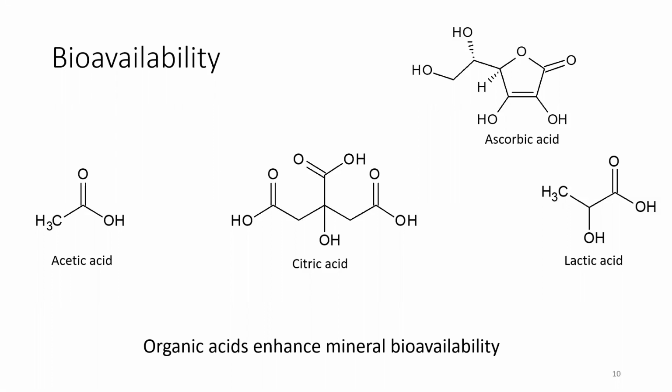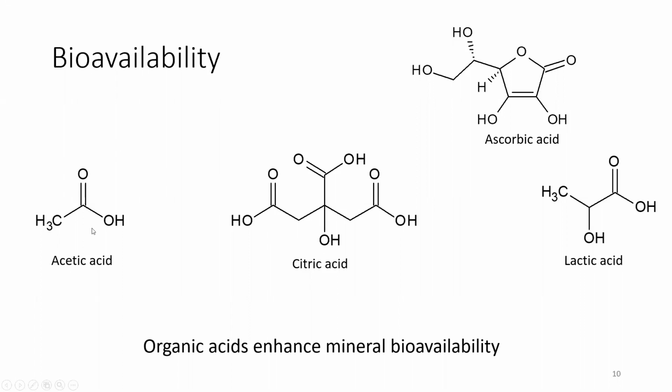So that's the easy one. The second one is that these organic acids can create either complexes or chelates with these elements. So what you'll want to start looking for is whether it's going to form a complex or a chelate.